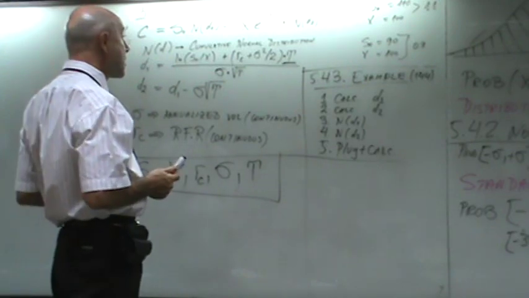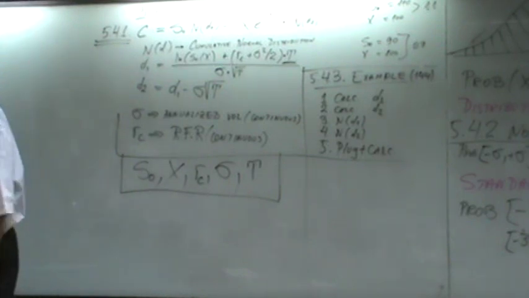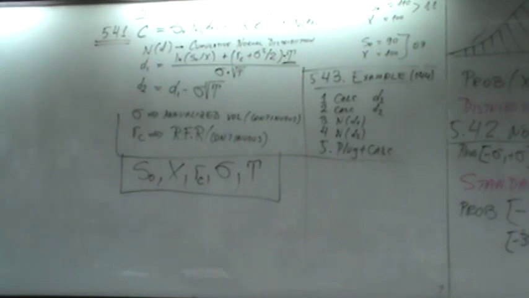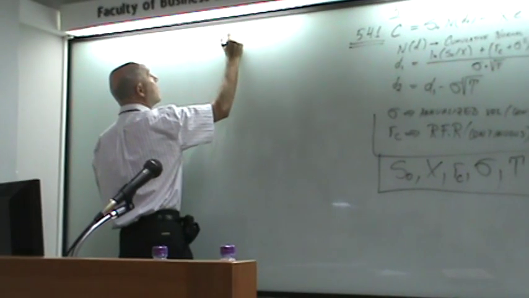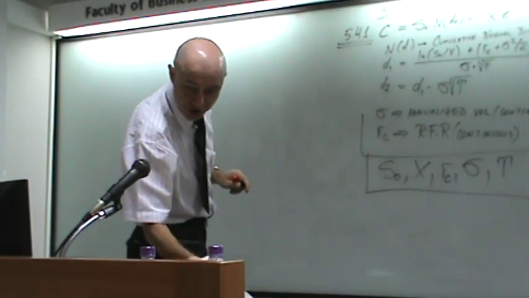So, let me see where I'm going to write. Well, I can write over here. 5.4.4. They have characteristics, but also interpretation.